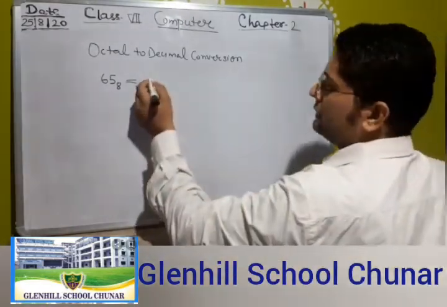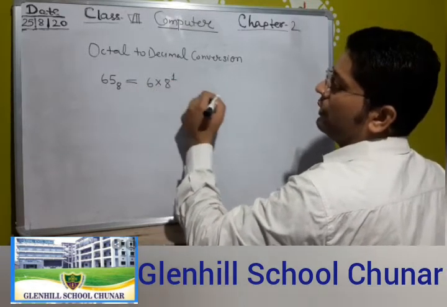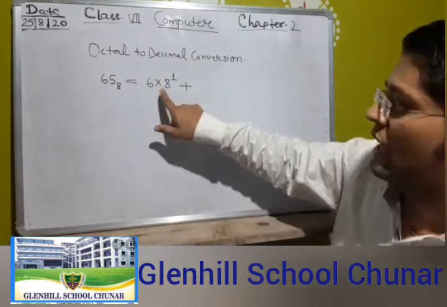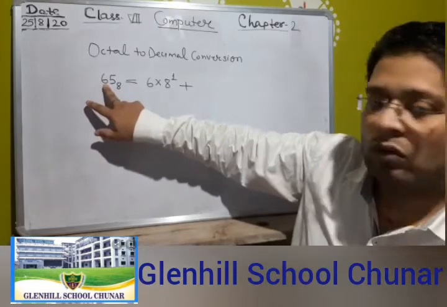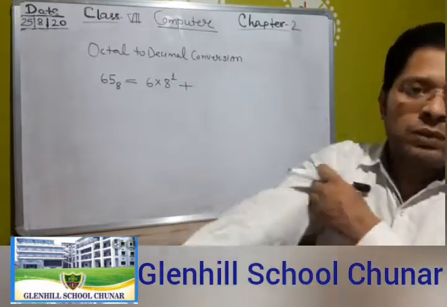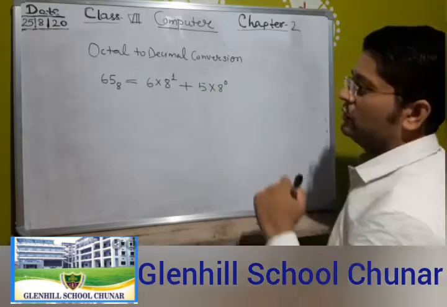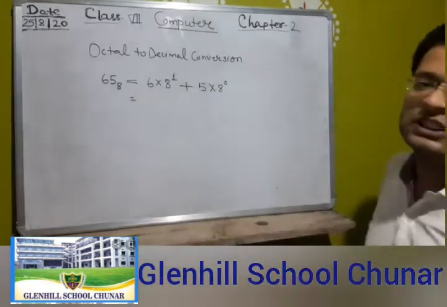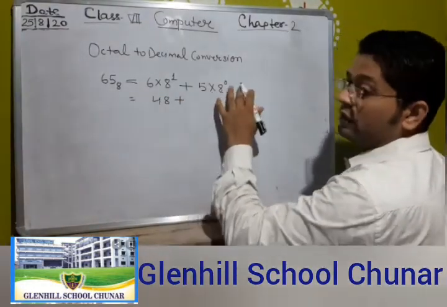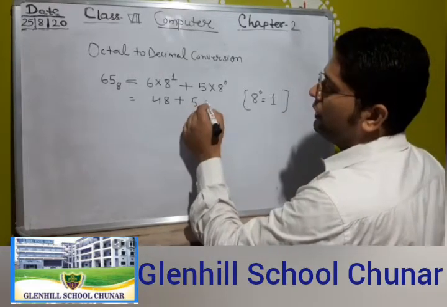So 6 into 8 power 1, plus 5 into 8 power 0. For the second digit we write 6, and the total number of digits is 2, so we take one less and put the power of 8. 8 sixes are 48, and 8 power 0 is equal to 1, so 5 into 1 is 5.